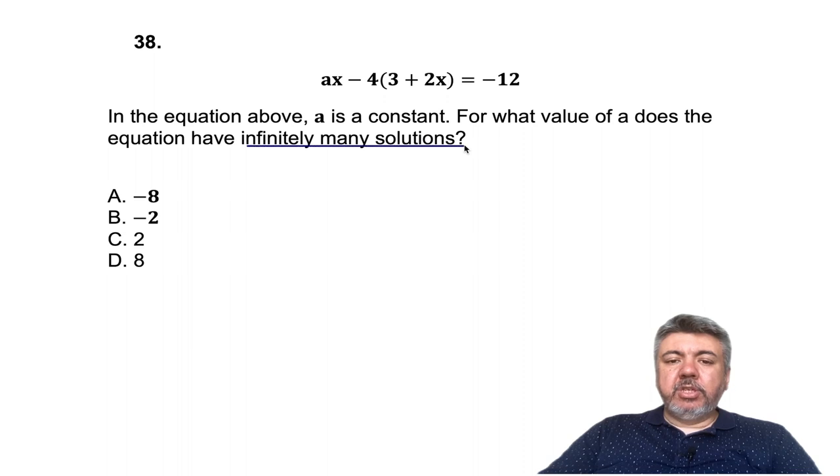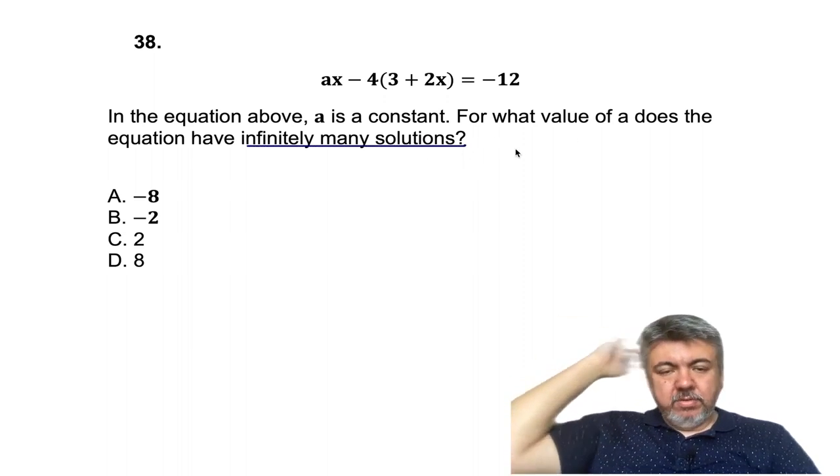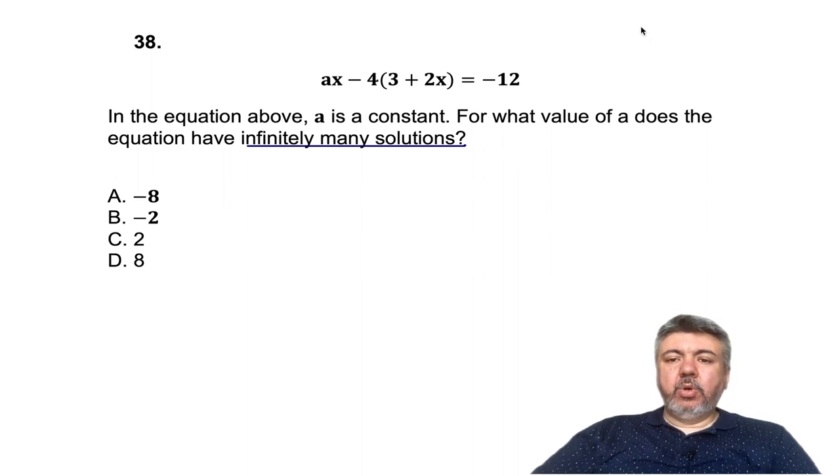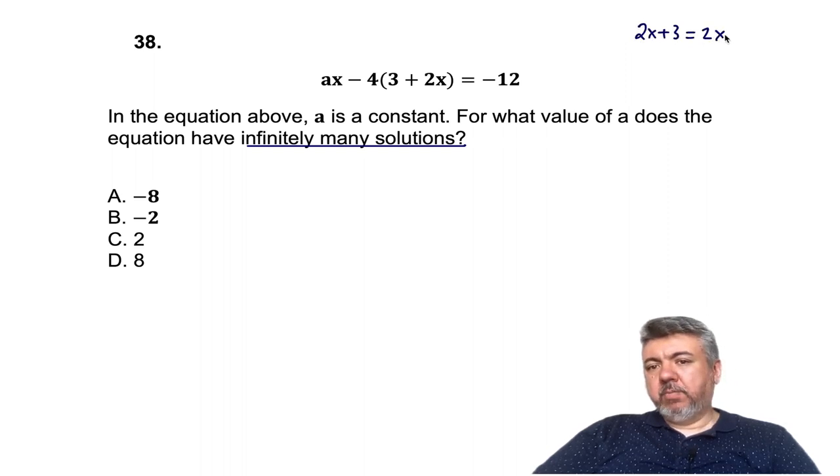Infinitely many solutions. That means it should be satisfied for all x values. So in these kinds of questions, we want to see something like 2x plus 3 equals 2x plus 3.